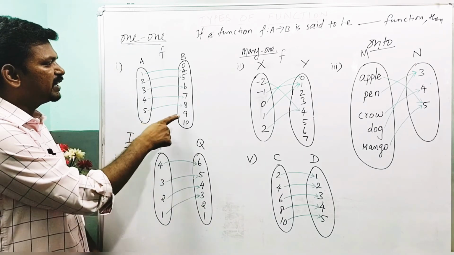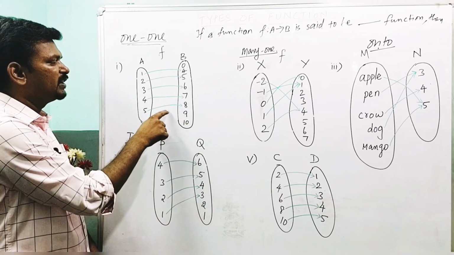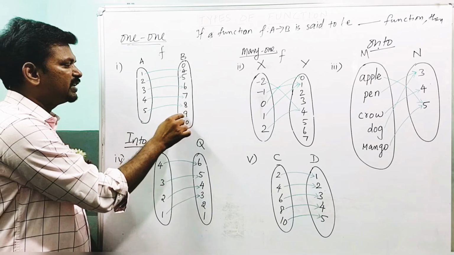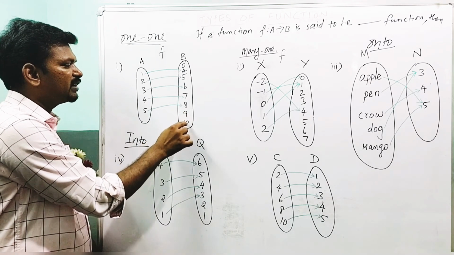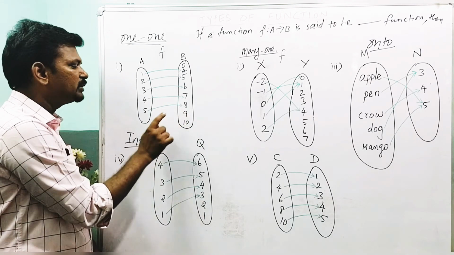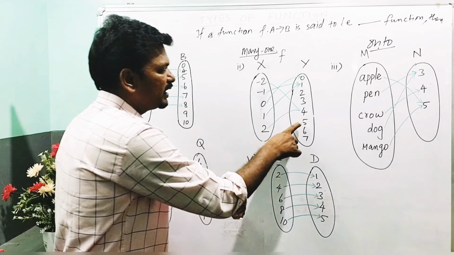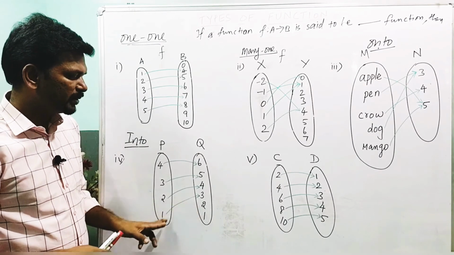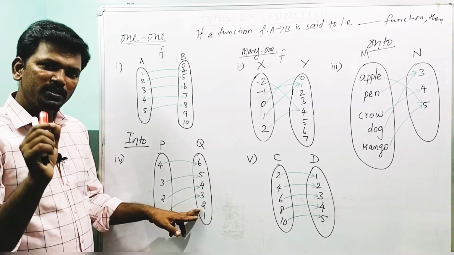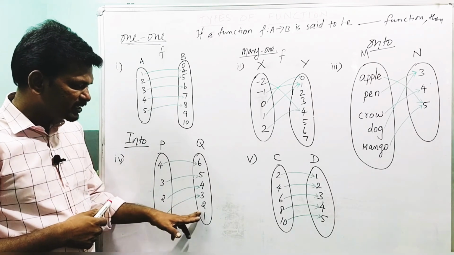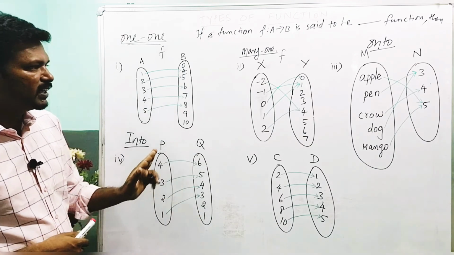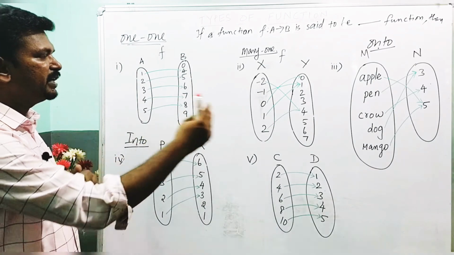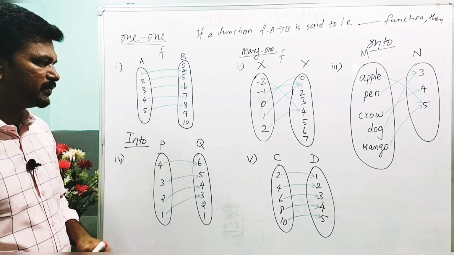Here this is a one-one function and also an into function, because here two elements are without a pre-image. Here 3 elements are without a pre-image. If at least one element is without a pre-image, it is into; if all of them have a pre-image, it is onto. That is the difference between into and onto functions.